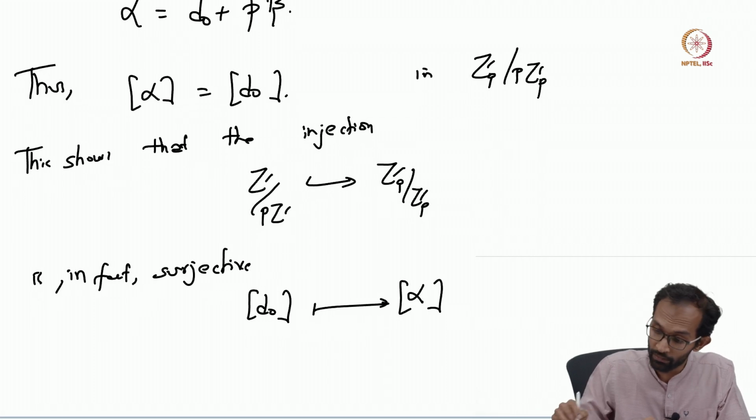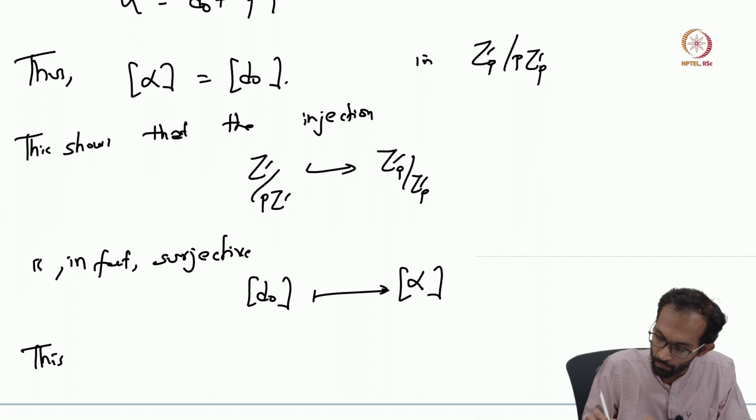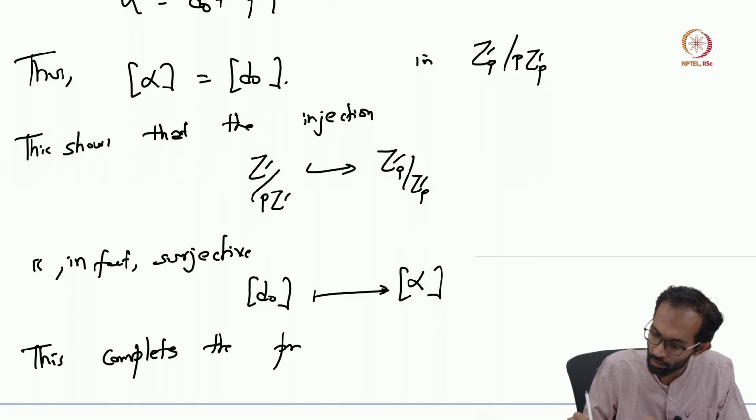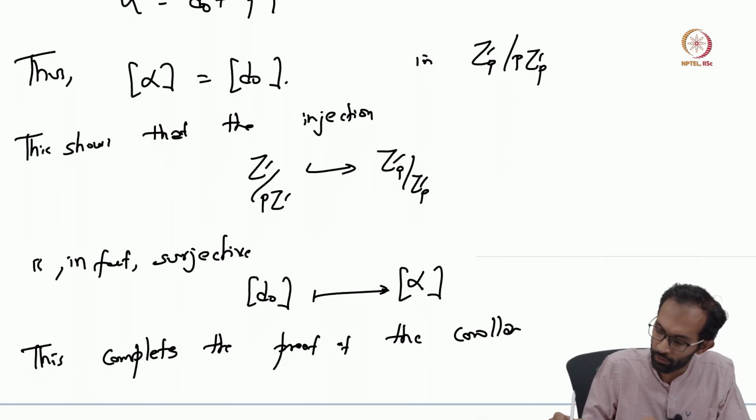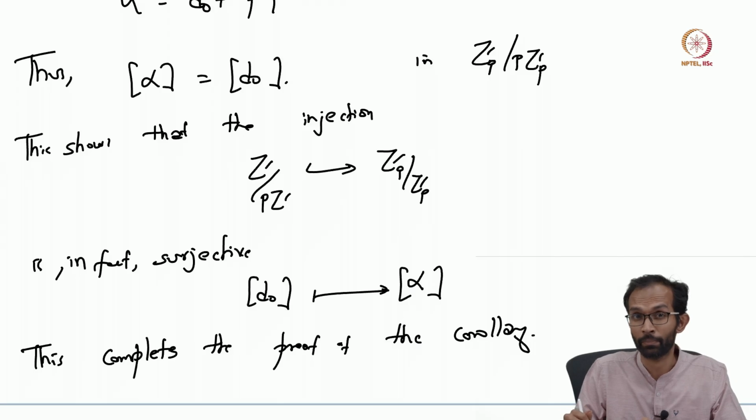So this shows surjectivity, and this completes the proof of the corollary. Okay, so that completes the discussion on p-adic expansions of Zp. Thank you.